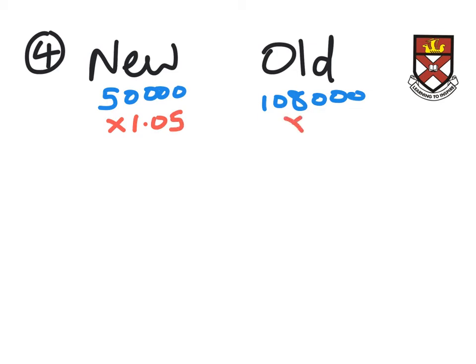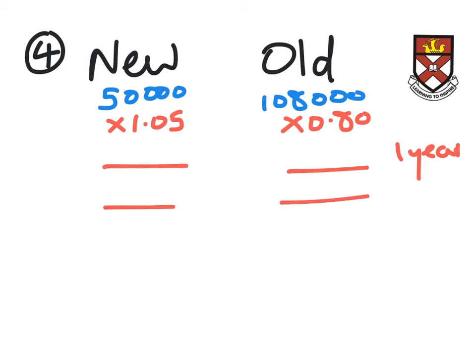Old Town is decreasing by 20%, so we're going to times that by 0.8. That's going to give you how much is there after 1 year. Then all you have to do is repeat it for the second year, the third year, and so on until this number here gets bigger than the Old Town number.